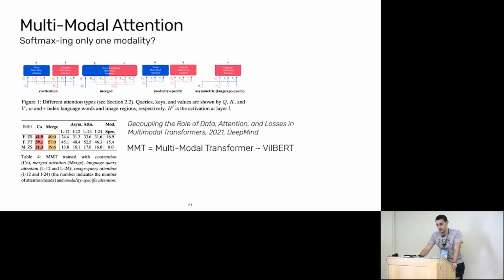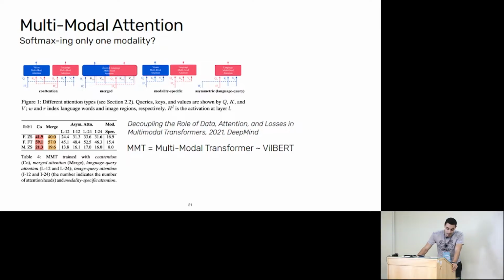Surprisingly, they also took the courtesy of comparing merged attention to co-attention. That's the mechanism when every token only attends the tokens of the other modality. So if it's a text token, you only attend the visual tokens. And one of the most interesting results is that this co-attention mechanism ended up working oftentimes better than the merge attention mechanism on a bunch of tasks.